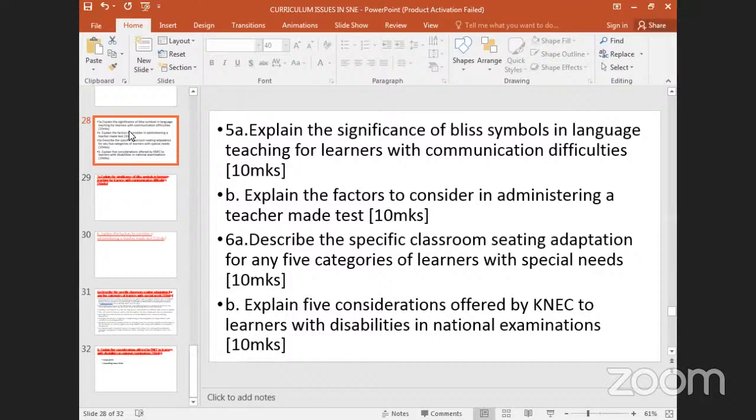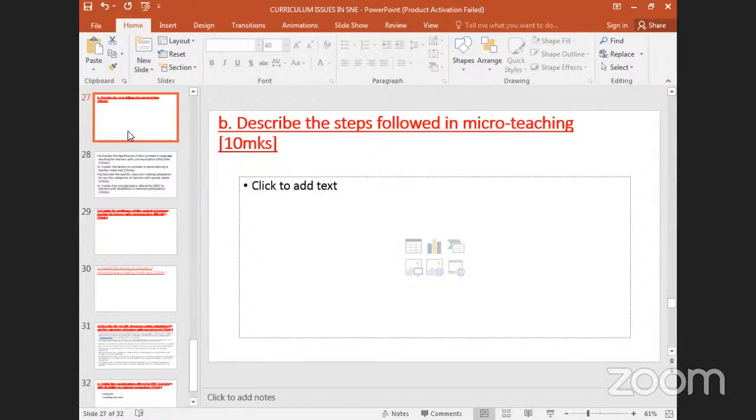4B. Let me check it. No, the micro teaching I've not displayed.